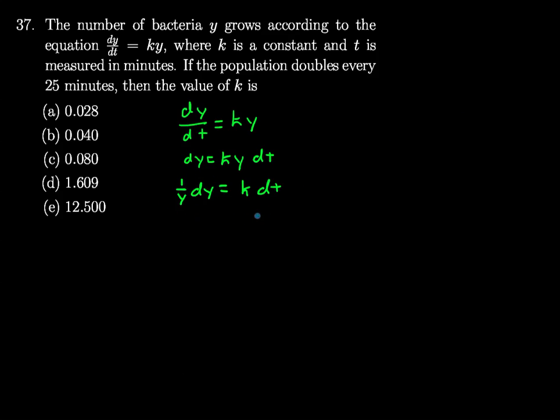All of my y's are here, all of my t's are here, so I'm going to take the indefinite integral of both sides, and I'll deal with the constant at the end. The indefinite integral of 1 over y dy is going to be the natural log of the absolute value of y. And don't forget that absolute value is critically important for some differential equations.